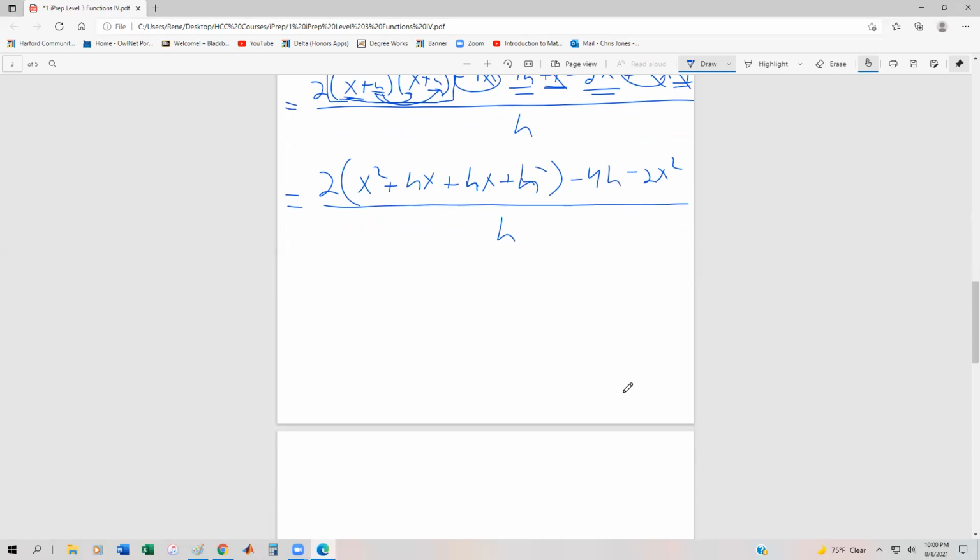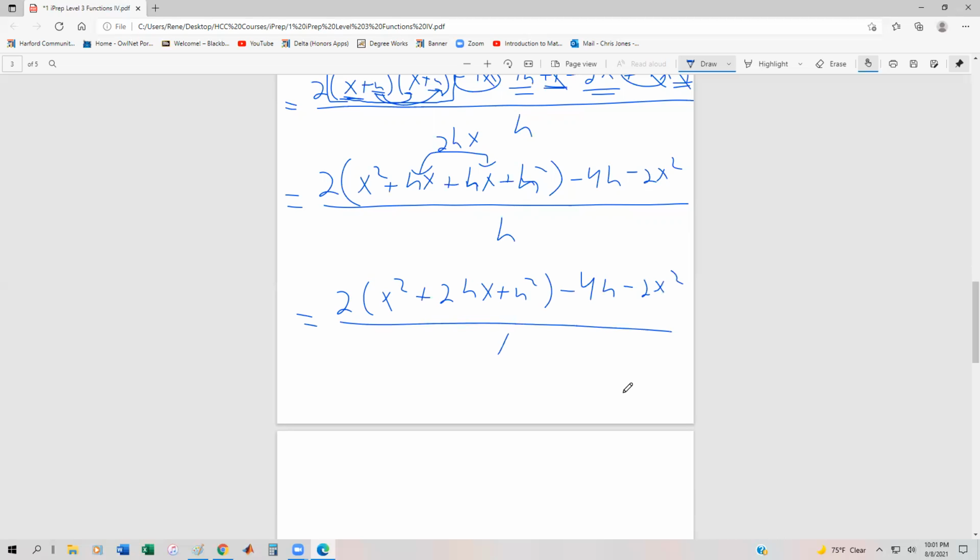All right. Now, these two terms are just going to become a 2hx. And so this just becomes 2 quantity x squared plus 2hx plus h squared minus 4h minus 2x squared divided by h, just by combining those two like terms right here.